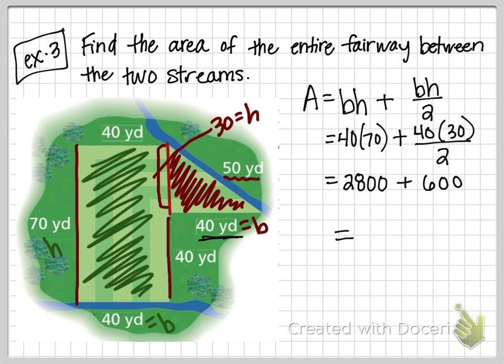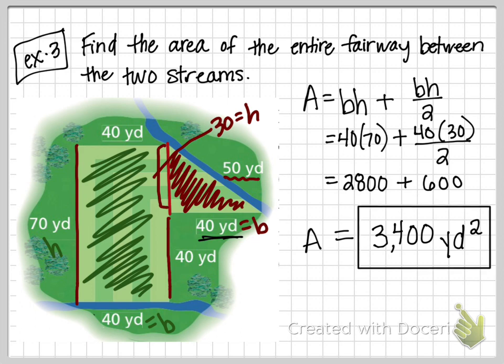So the total area of that fairway, 2,800 plus 600, would be 3,400. And this would be in what units? Yards squared.